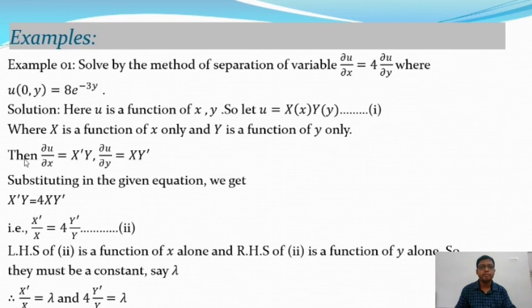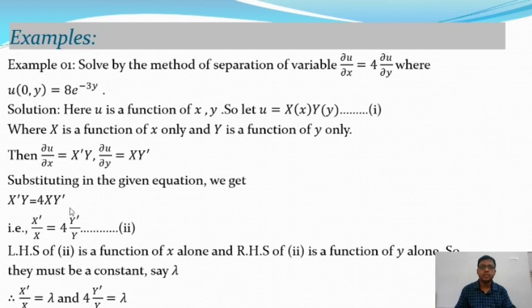Therefore, del u del x: if we differentiate it partially with respect to x, we get X' Y, as well as del u del y is equal to X Y', where X is constant, so the derivative of Y is Y'. Now substituting in the given equation, we get X' Y is equal to 4 X Y'.